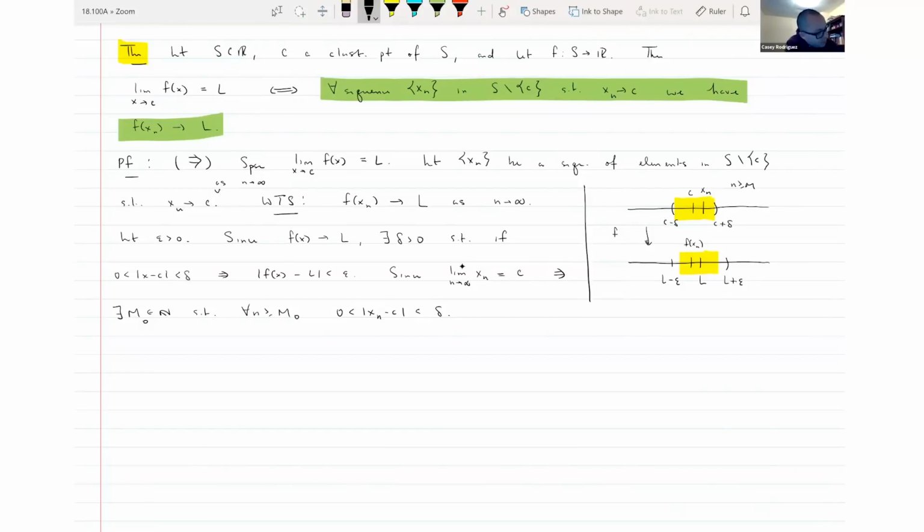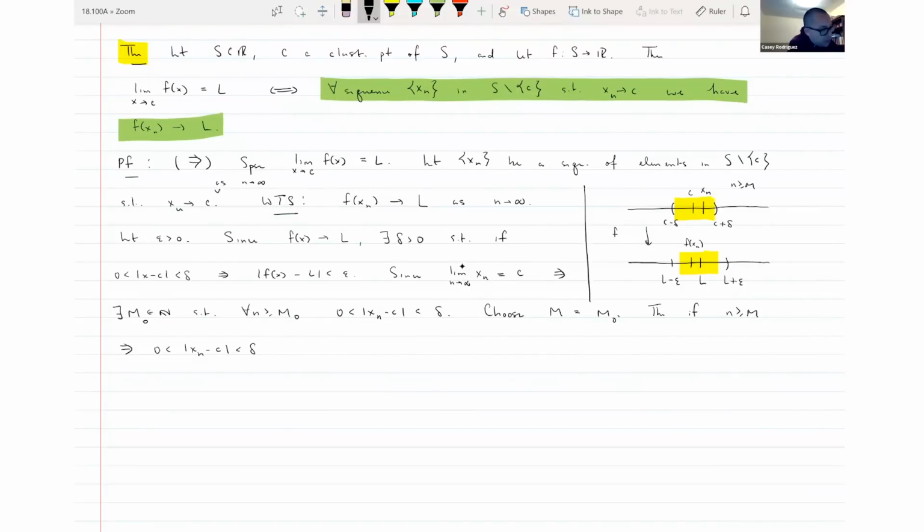So we'll choose capital M to be this integer m_0. If n is bigger than or equal to M, then by our choice of m_0, x_n minus c is less than delta.